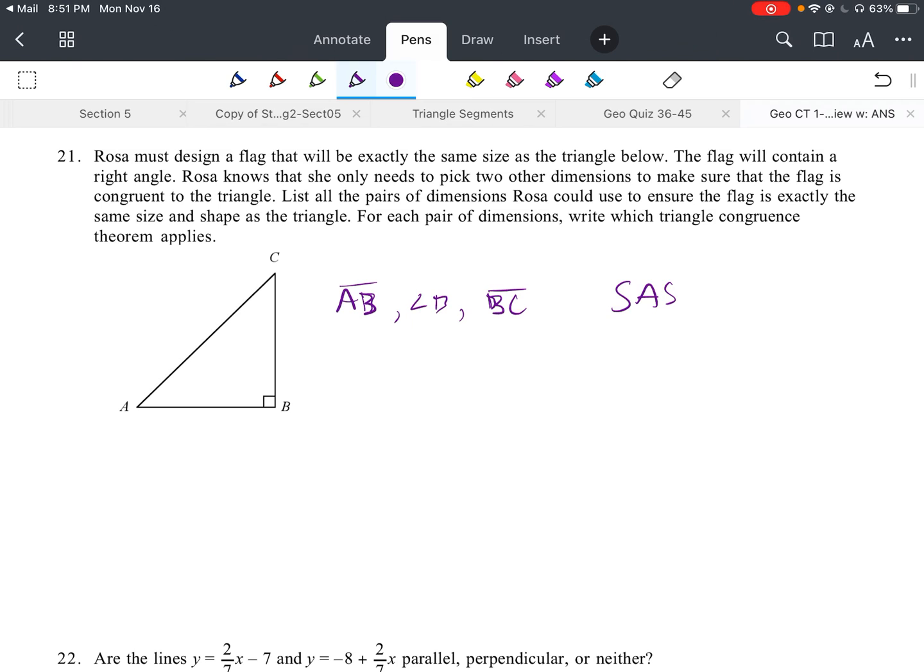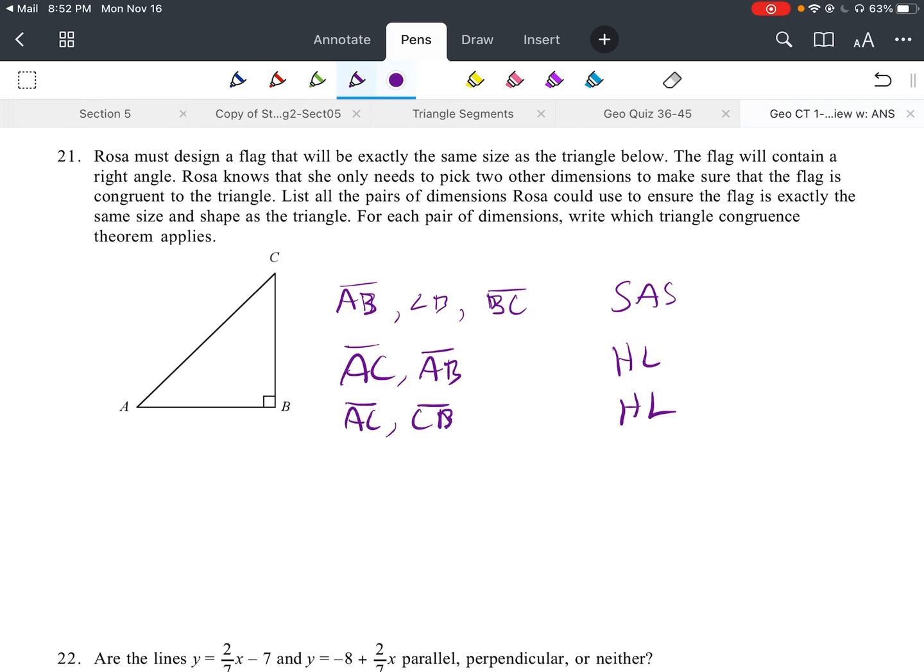Another one would be, remember, we don't do angle side side because it's a naughty word, but we do hypotenuse legs. So let's do hypotenuse legs. So this is AC and AB. That's HL. Or you could talk about the other one, so AC and CB, for the same reason. So I'm just listing every one of them out because that's basically what they're asking.